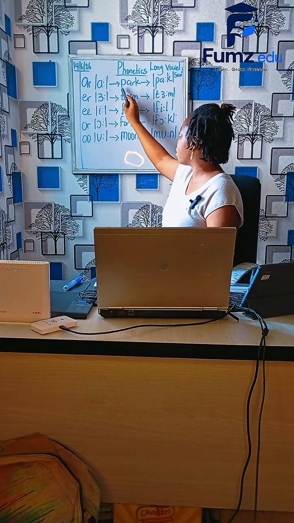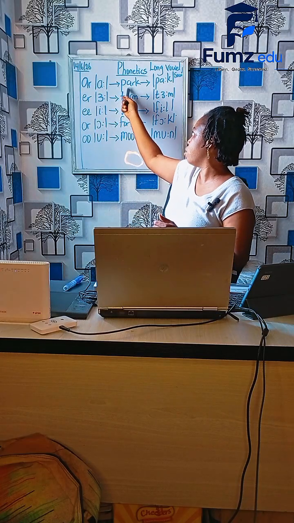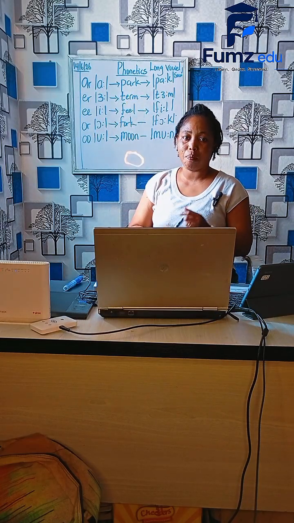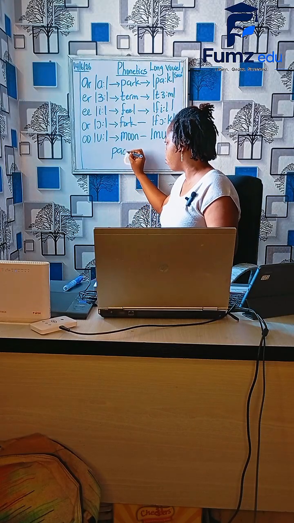Some of us make mistakes when we are calling dictation for children that are just learning to spell sounds and to write. What you pronounce is what they hear. If you tell a child to write pack, and you probably meant this pack, a child will write the short vowel pack.